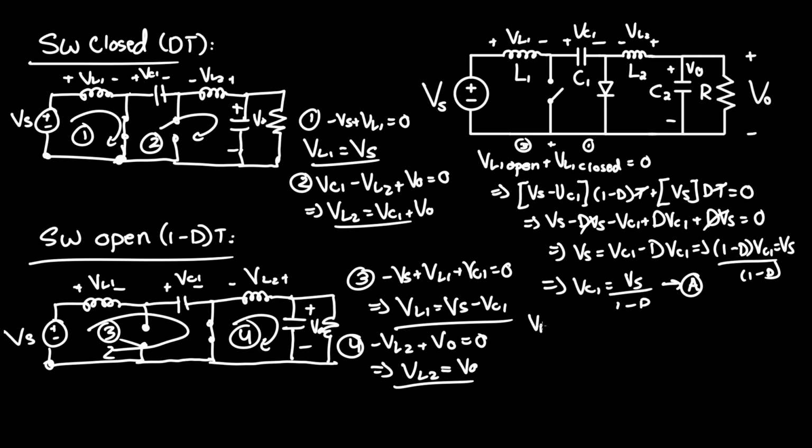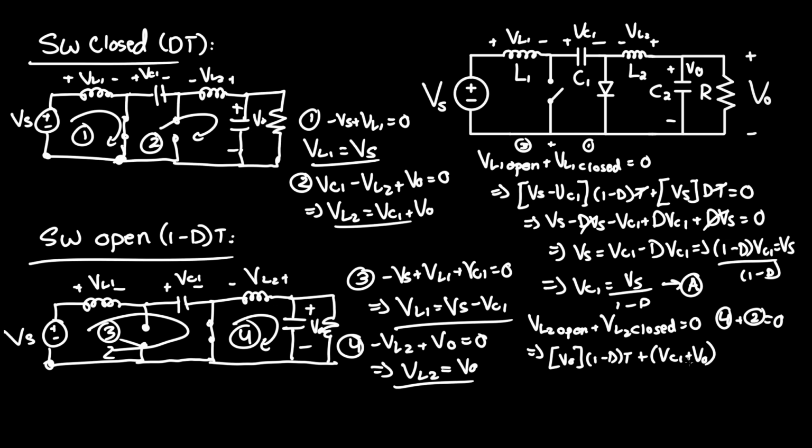Now we have VL2 open plus VL2 closed equals 0. And this is equivalently equation 4 plus equation 2 equals 0. Plugging that in, we have VO times 1 minus dt plus Vc1 plus VO, our equation 2, dt equals 0.